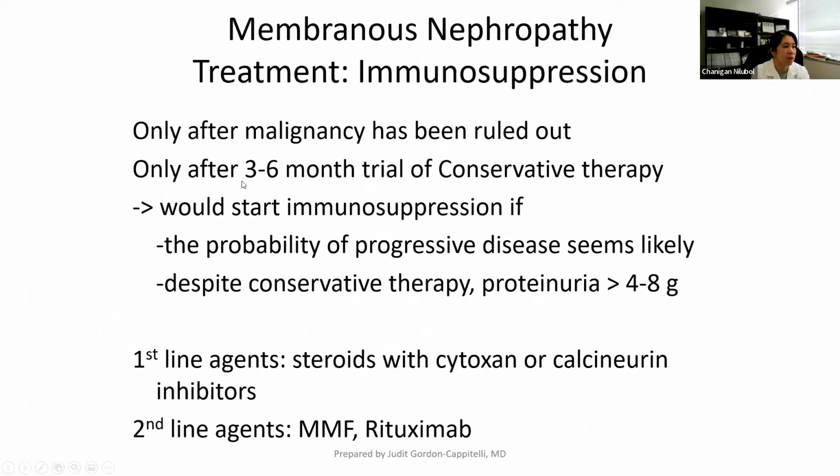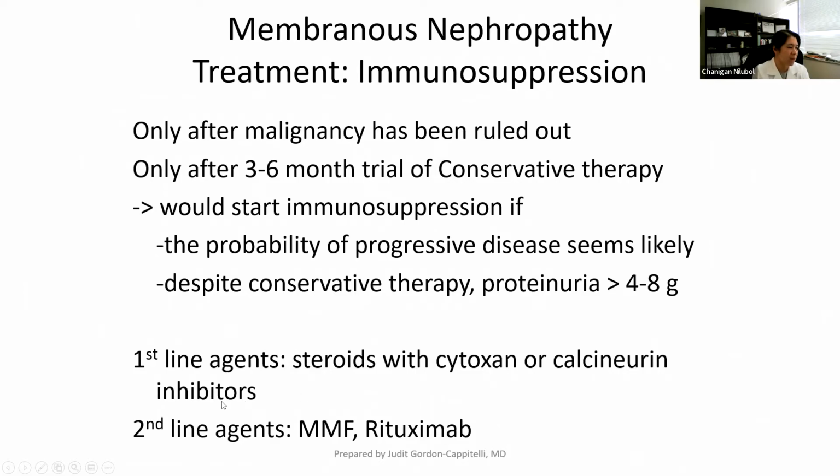Oftentimes, if a 3 to 6 month trial of conservative therapy does not lead to any improvement, you would want to start immunosuppression, especially if there are risk factors for disease progression. The first line would be a steroid with Cytoxan, and now rituximab also.